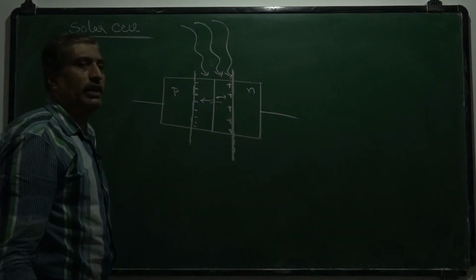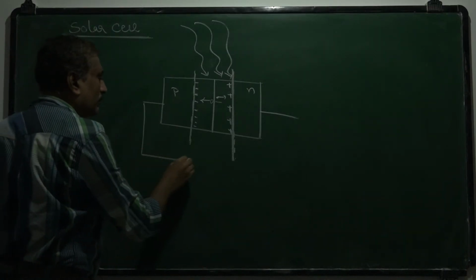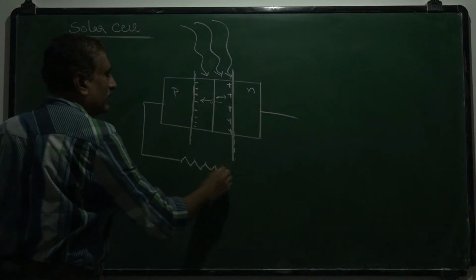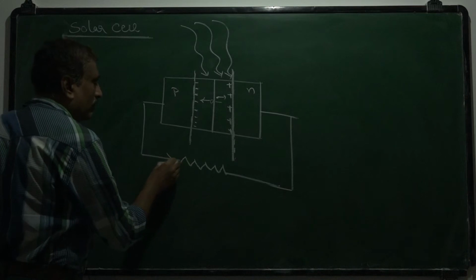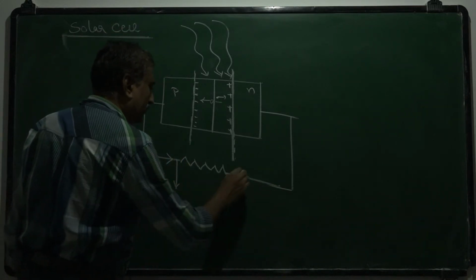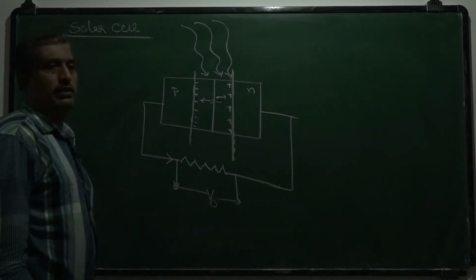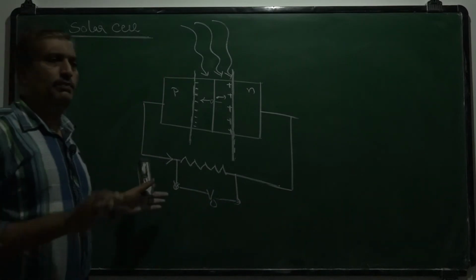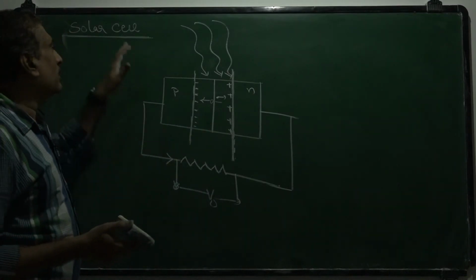Now if we connect a parallel circuit like this, that means it is shunted or open circuited, a current flows across this junction. So output is taken from this one. Okay. So the working of solar cell is exactly similar to that of this photodiode.